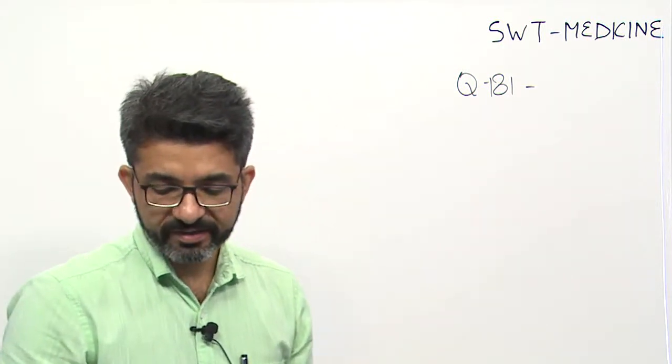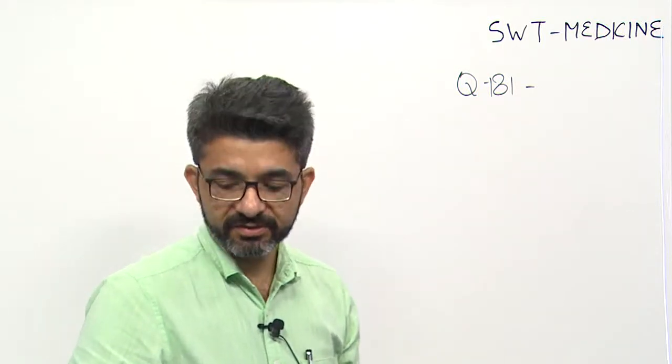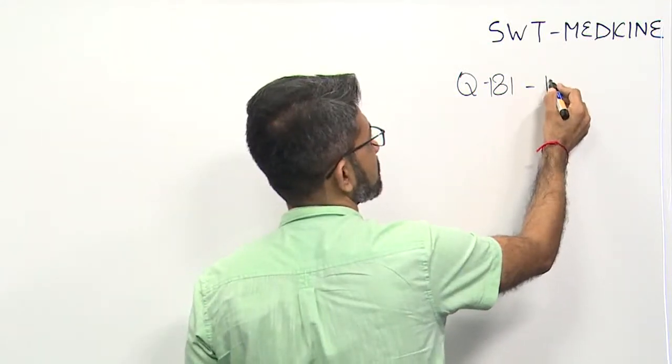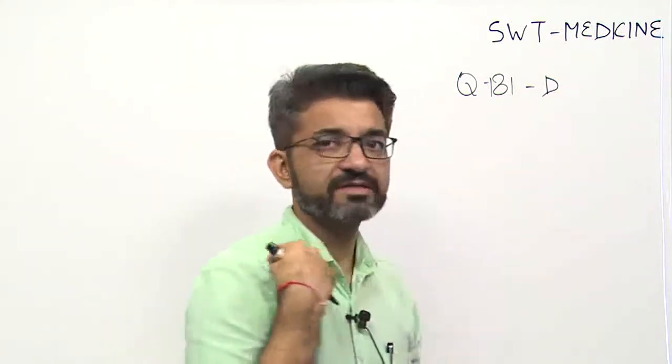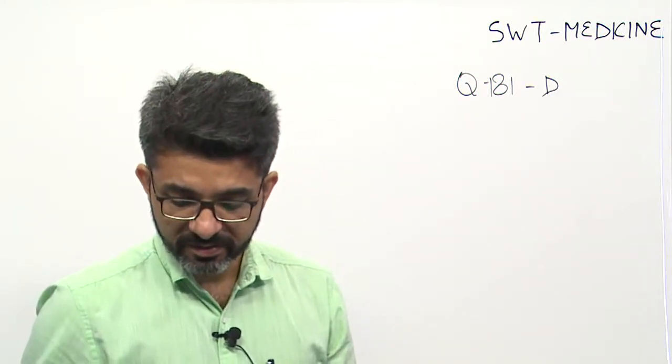Pancoast tumor triad includes all except. Obviously there is no enlarged lymph node, so answer is D. Pancoast tumor is at the apex of the lung. It's not because of the lymph node. So the answer is D.